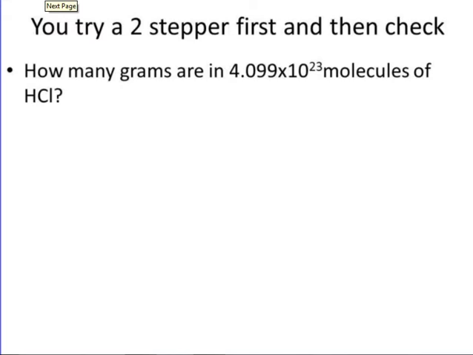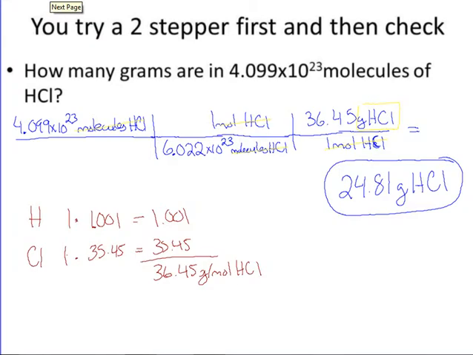Okay, hopefully you've got an answer there. Tell me, does it look like this one here? Did you start with what you had? You had 4.099 times 10 to the 23rd molecules of hydrochloric acid, HCl. So you start out with that. Convert molecules to moles using Avogadro's 6.022.